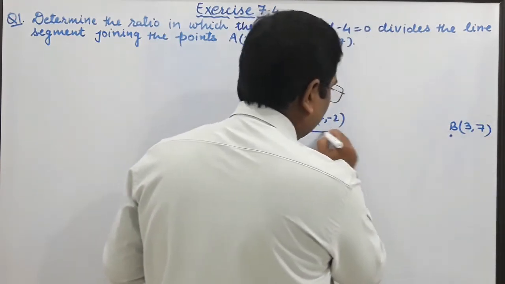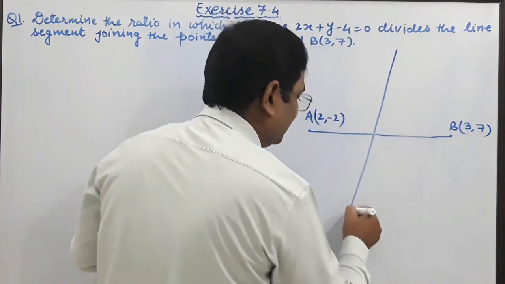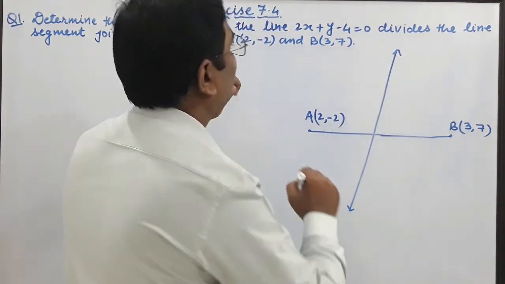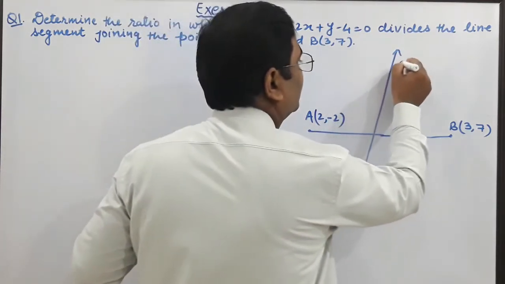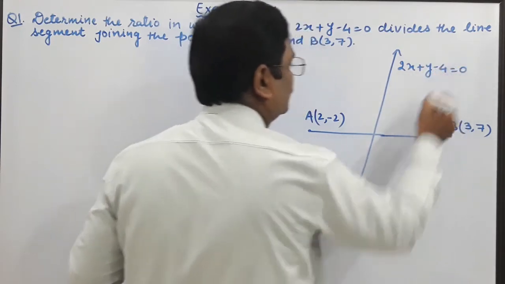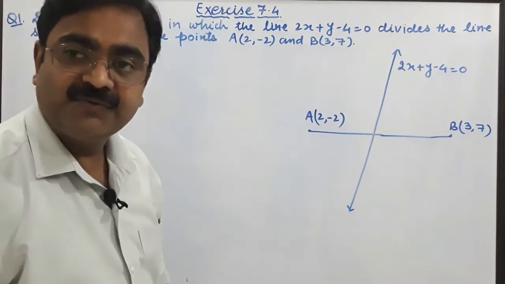This line segment AB is divided by a line, and the equation of this line is given: 2x plus y minus 4 equals to 0.